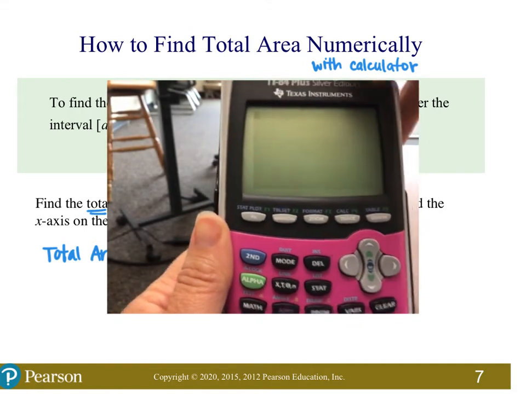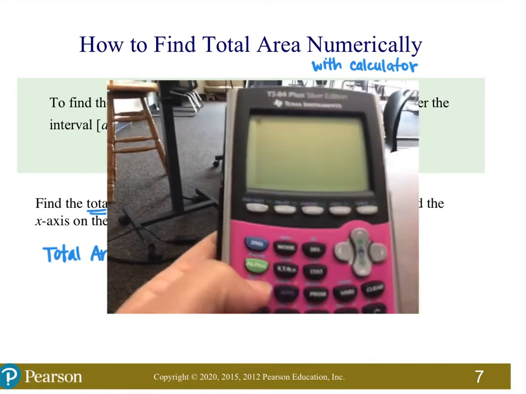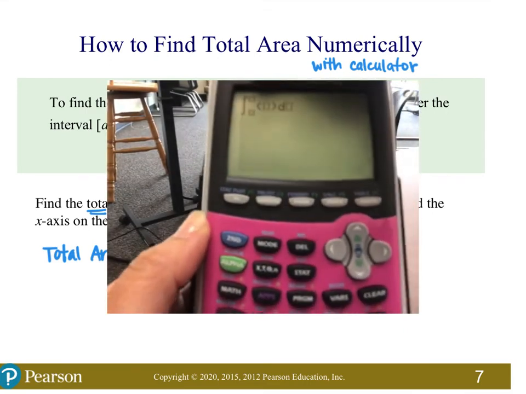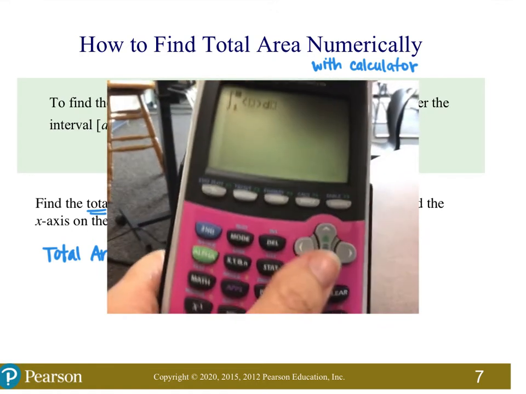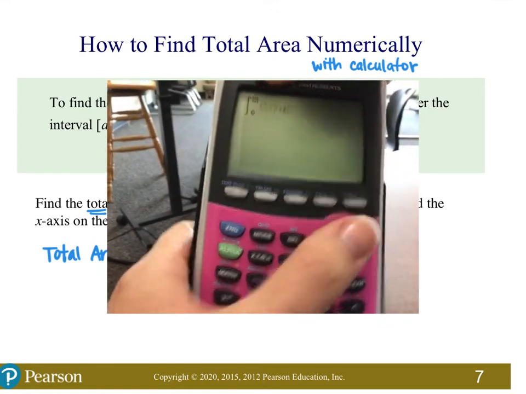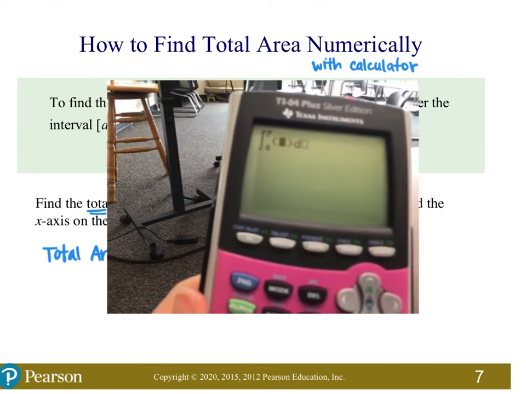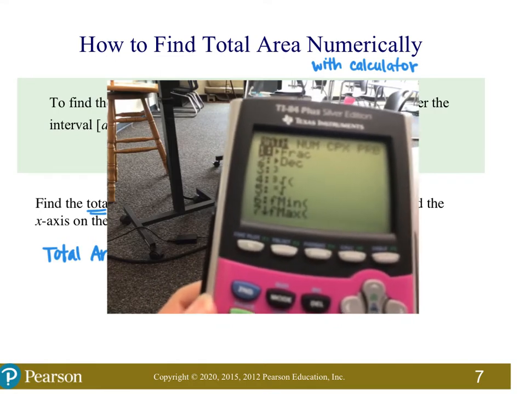All right, so verify that I'm in radian mode, and then I'm going to do math 9, and I'm going to go from 0 to 7. Whoops, that was 1. 0 to 7. And then I want to put my absolute value symbols in there. So if you remember, those are under math also, but they're not. They're over one menu.